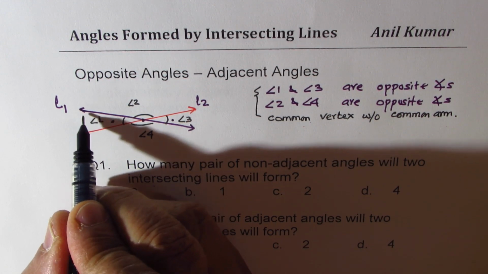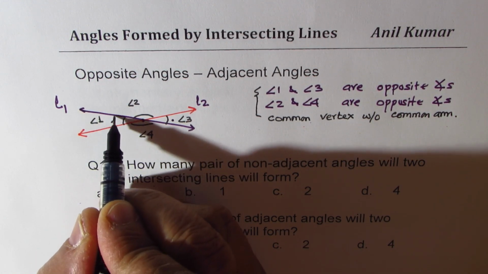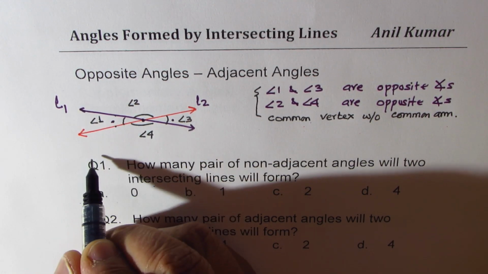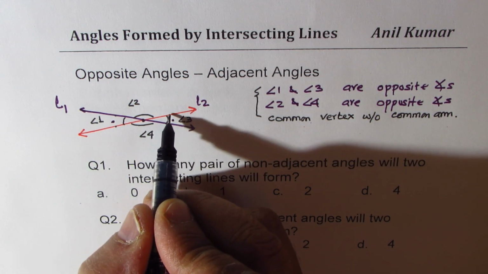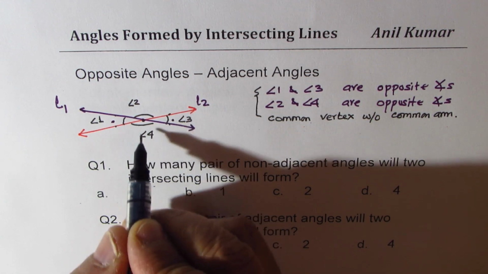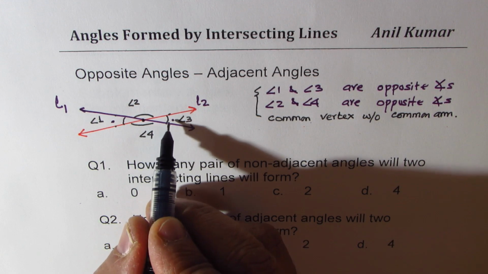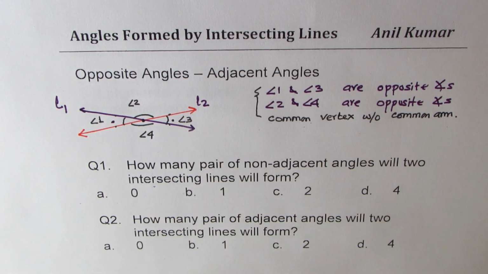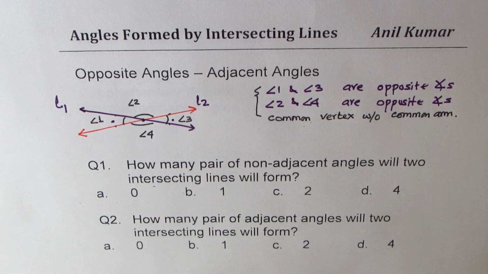So you see angle 1 has these two arms with that vertex, and angle 3 has the different arms with the same vertex. So those angles are called opposite angles.